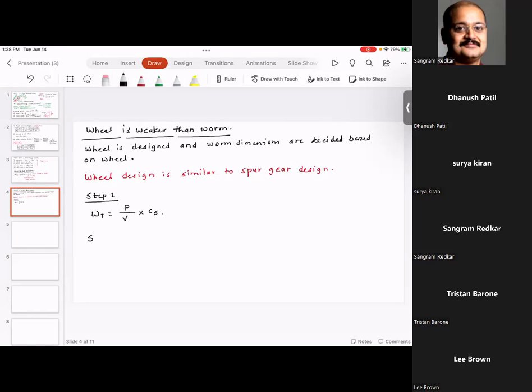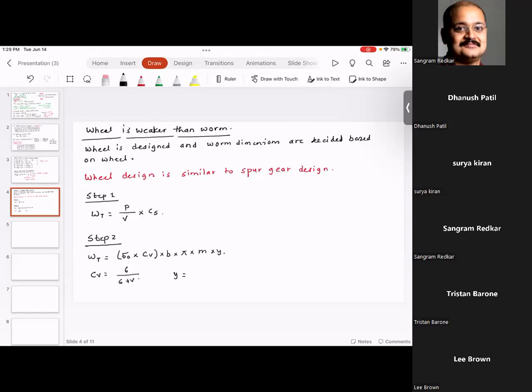Step two is WT equal to sigma naught times CV times B times pi times M times Y, where CV is 6 divided by 6 plus V, and Y is Lewis's form factor.